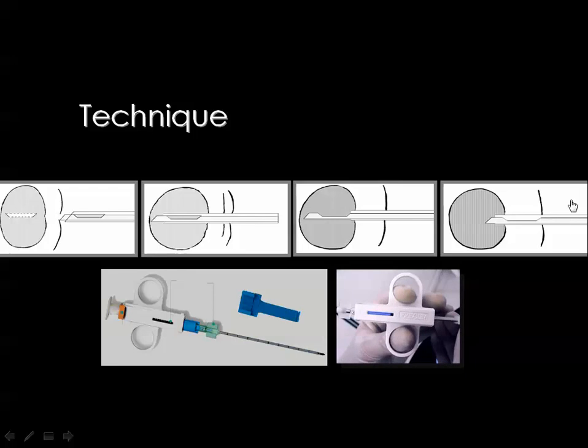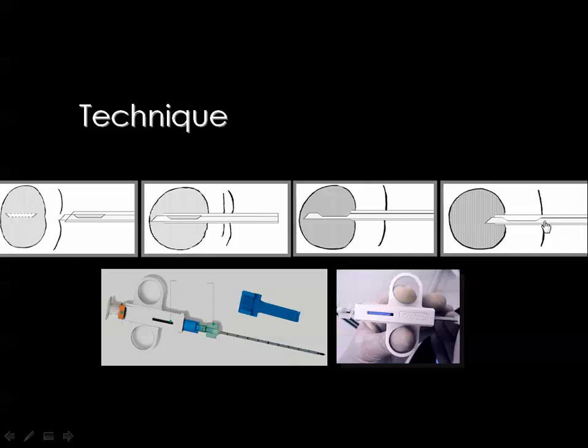Then this is the biopsy needle, with two needles inside each other. Then you puncture the skin and introduce the needle, both needles within each other, until you reach the edge of the lesion.